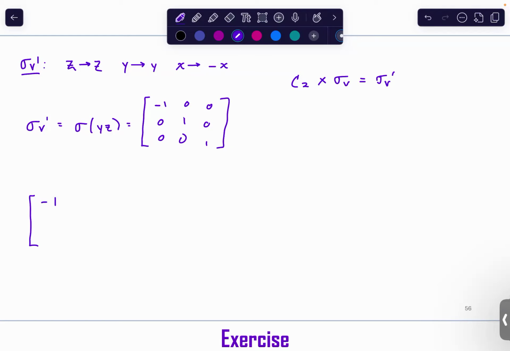I'm going to set it up with you, but then let you work on it for a minute. You have to multiply those two matrices and see if you get the sigma v prime out of it.